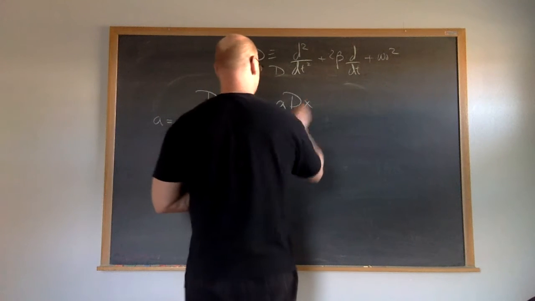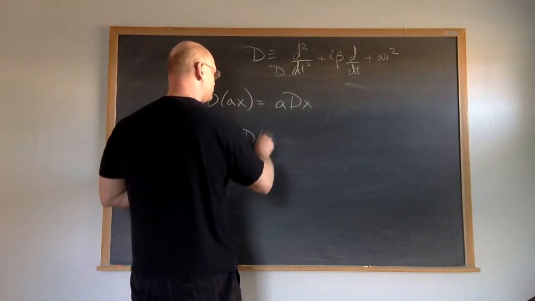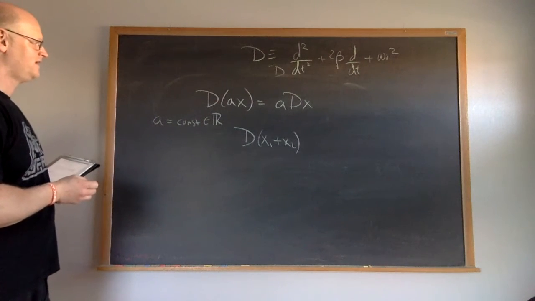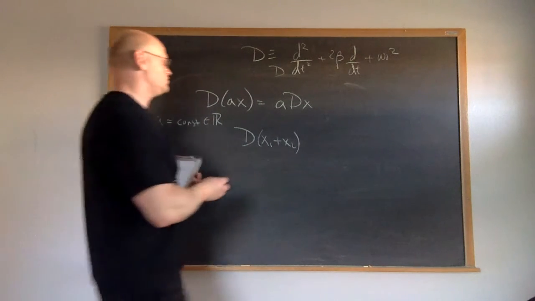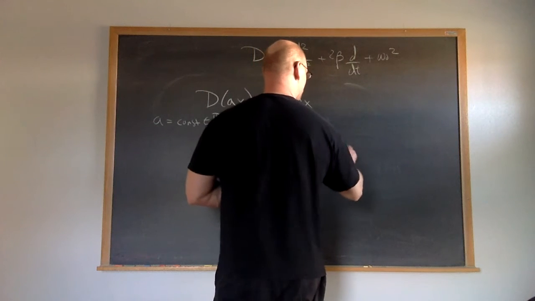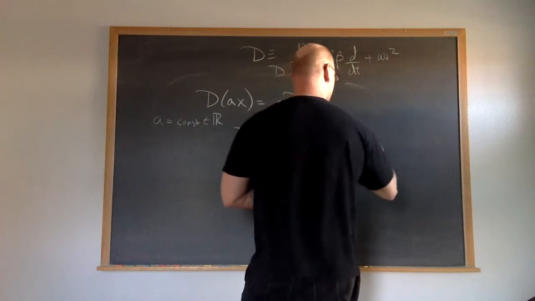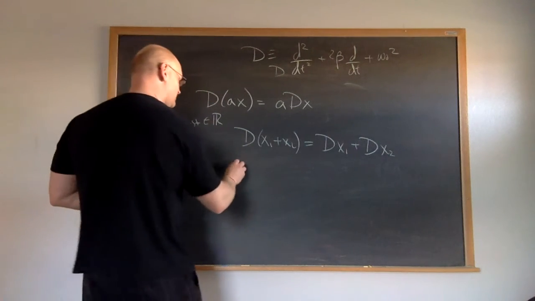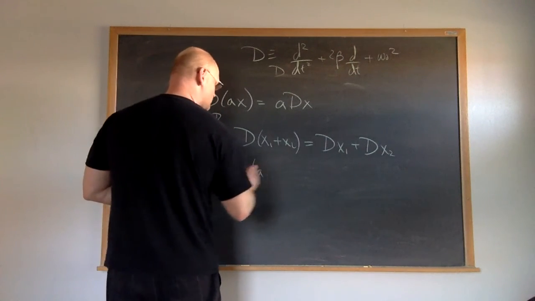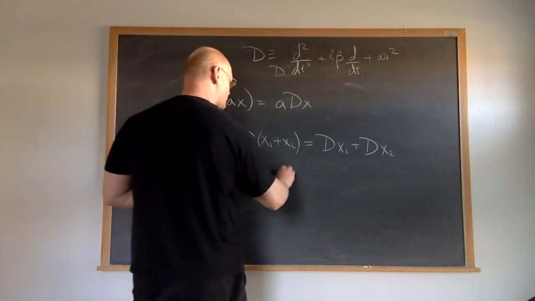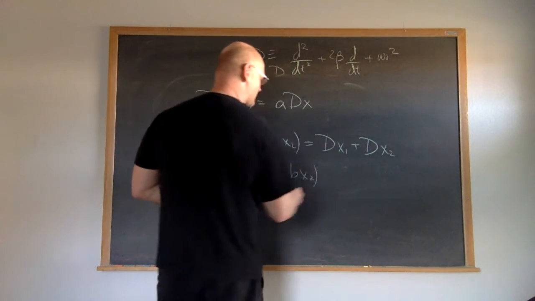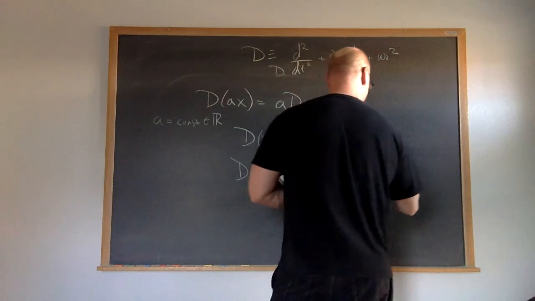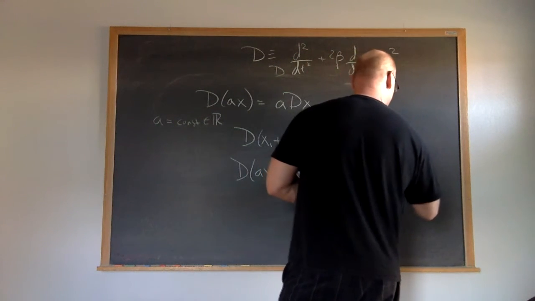Another one says that if I have a differential operator acting onto two functions, say x1 plus x2, then this is equal to the differential operator acting onto the first function plus the differential operator acting onto the second function. And finally, if I have the differential operator acting onto a times x1 plus b times x2, then this is equal to a times Dx1 plus b times Dx2.